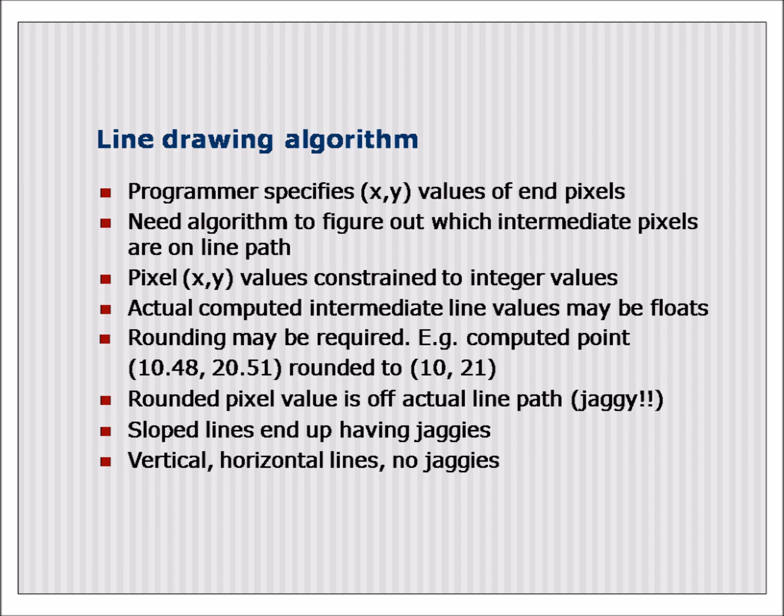Therefore, at number seven, sloped lines end up having jaggies or anomalies, whereas at number eight, vertical and horizontal lines have no jaggies or anomalies.